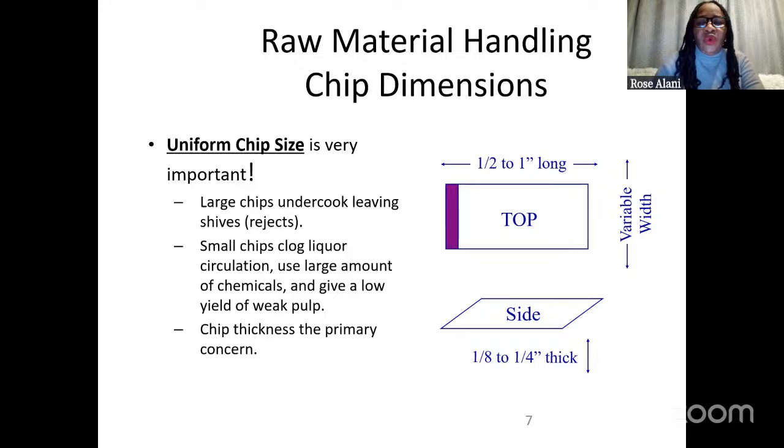It will undercook and produce too much chives. What I mean by undercook is that before you use your chips, you will have to cook them a little bit with some chemicals, which I will show you later on.